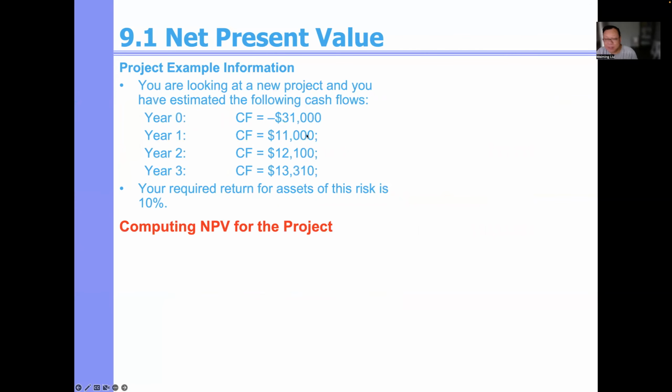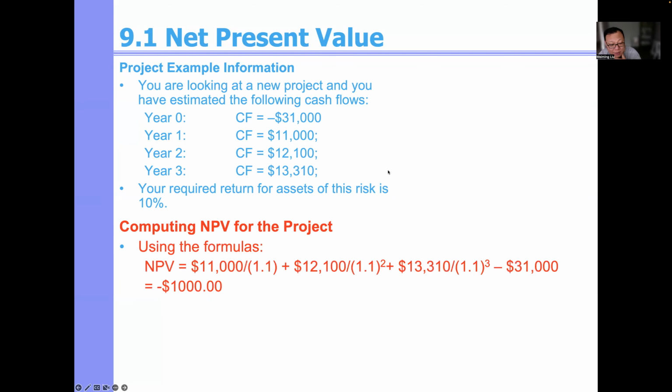So back to this example, we're going to calculate the NPV. The cash flow has been estimated, and we know the required return is 10%. So we are going to calculate the NPV for this project. What should we do if we use the mathematical formulas?